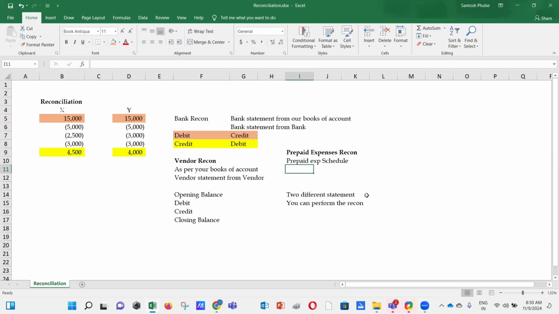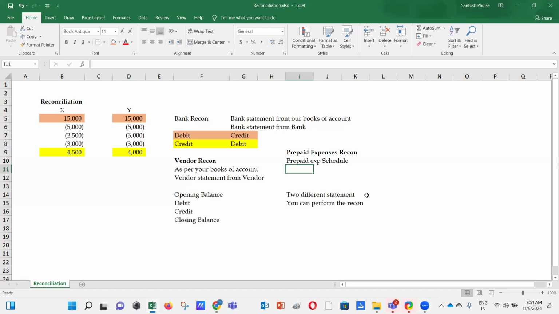But it's not like vendor reconciliations, where debit versus credit and credit versus debit is the matching. Here it's whether the entry you entered in the GL is as per the prepaid expense schedules or not. You're just re-verifying what you have done and matching it with your prepaid expense schedules.